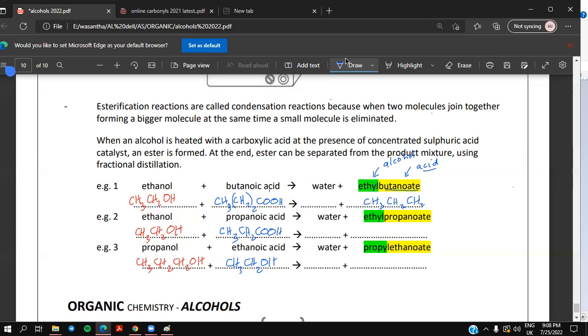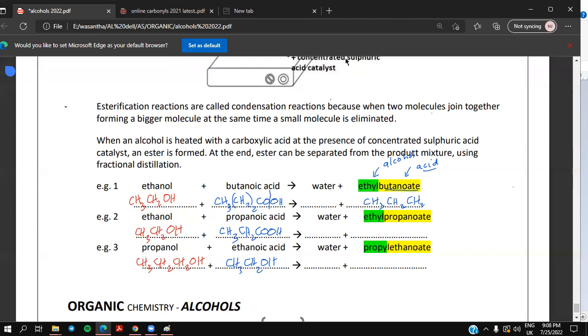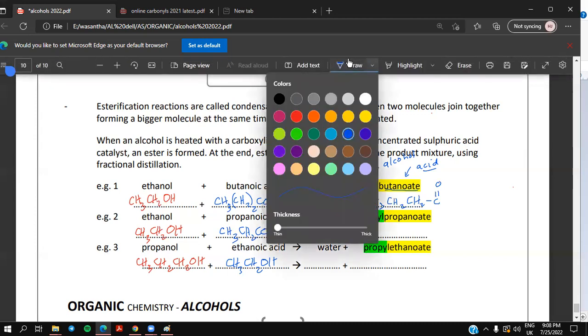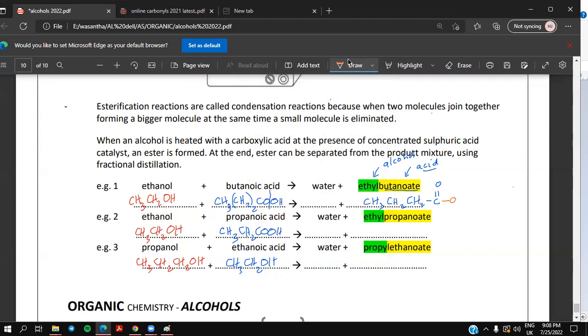From this COOH, OH goes out, and we have carbon double bond oxygen. To that, the alcohol part is going to join. It is going to be OCH2, CH3 in the reverse order. O, CH2, CH3.